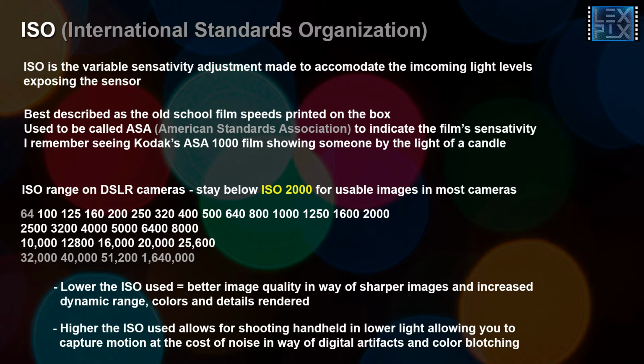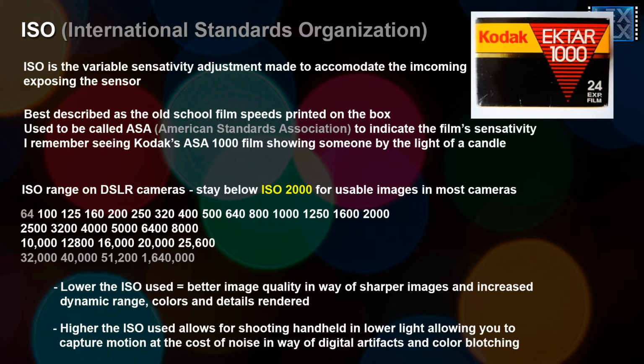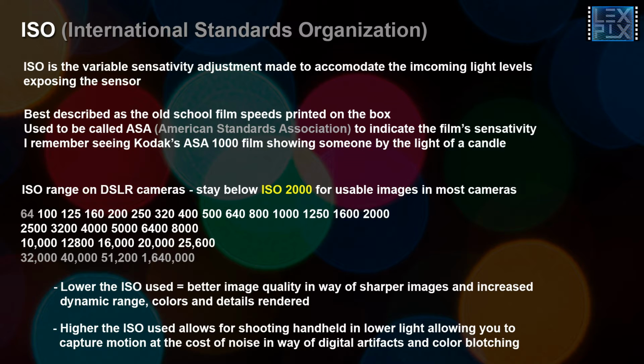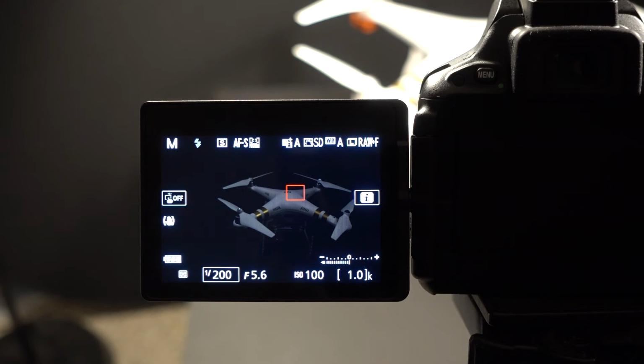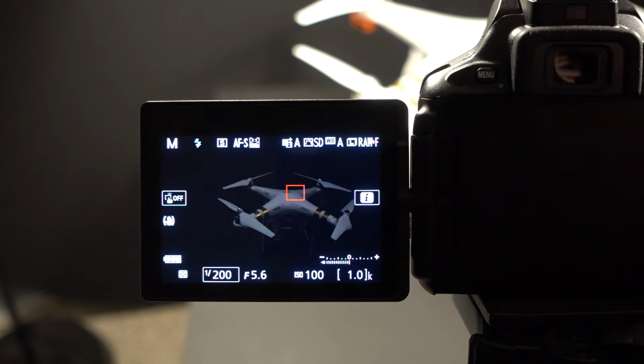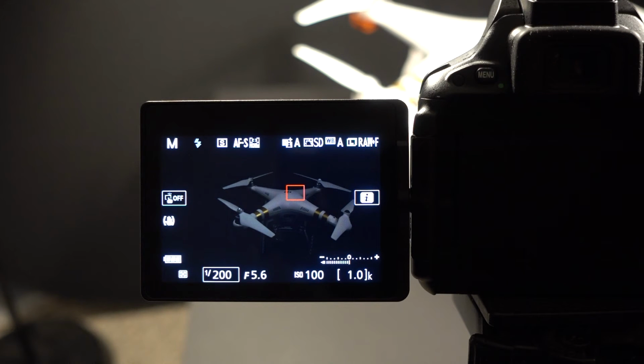I remember seeing a box of Kodak 1000 ASA film showing someone by the light of a candle. Because it said 1000, you know it's more sensitive than, let's say, ASA 100 or 400. So that's the best way to think of ISO: as the different film speeds, but you don't have to physically change the film. All you do is turn up a dial.